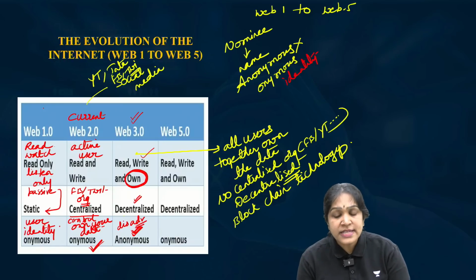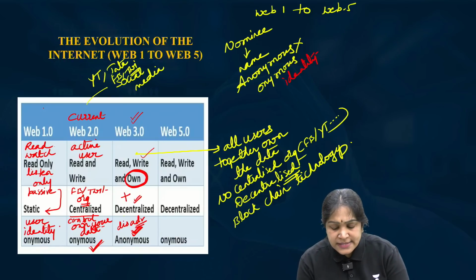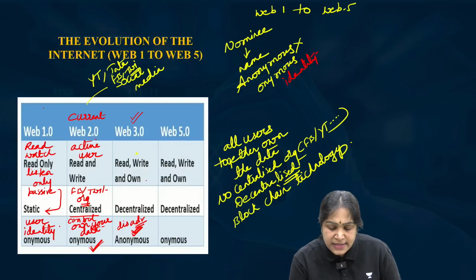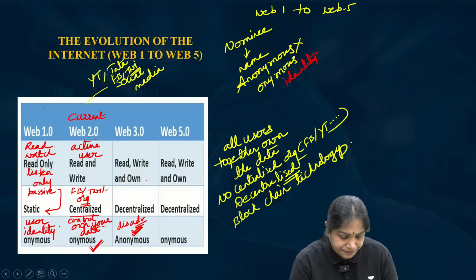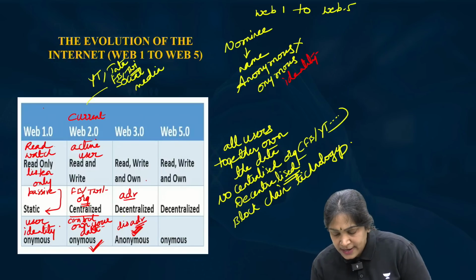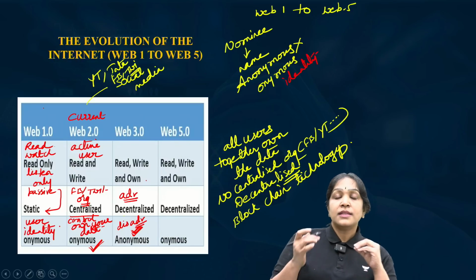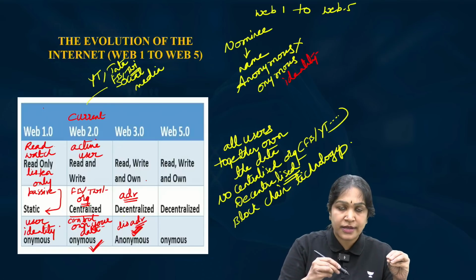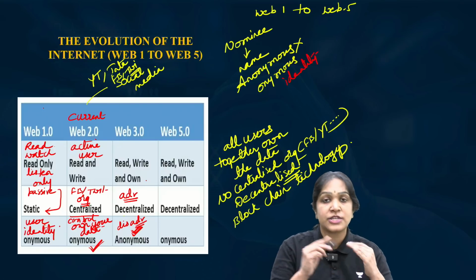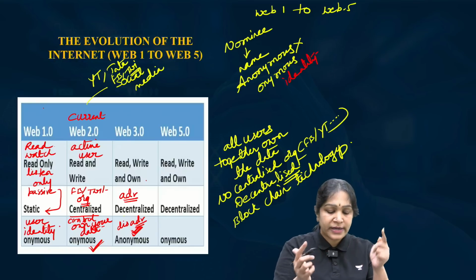What is the advantage due to decentralization? Why am I considering decentralization as an advantage? Because if there is a centralized organization, for example Facebook or YouTube, it can misuse your data.